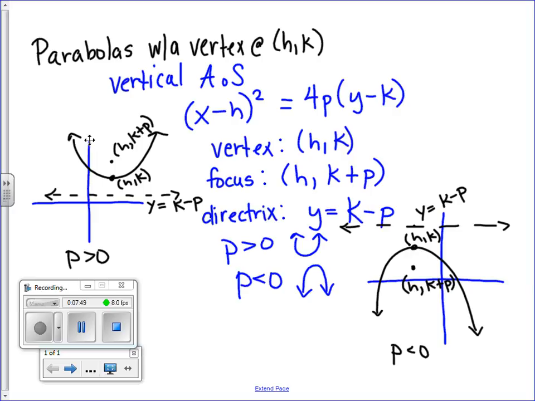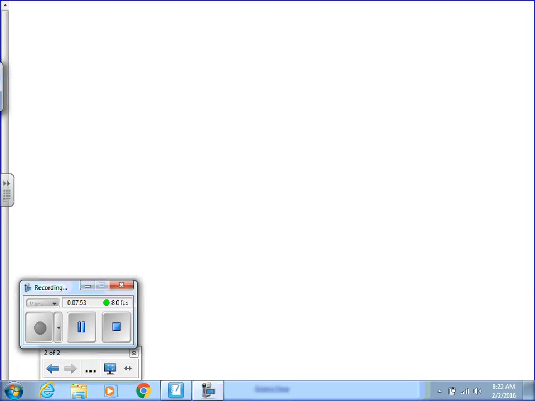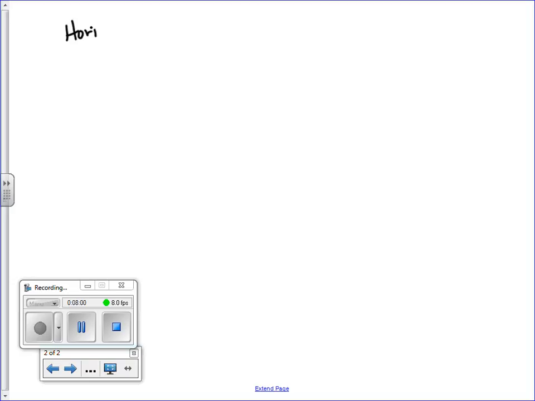Alright, so we still have a vertex at (h, k), but this time we're going to have a horizontal axis of symmetry.